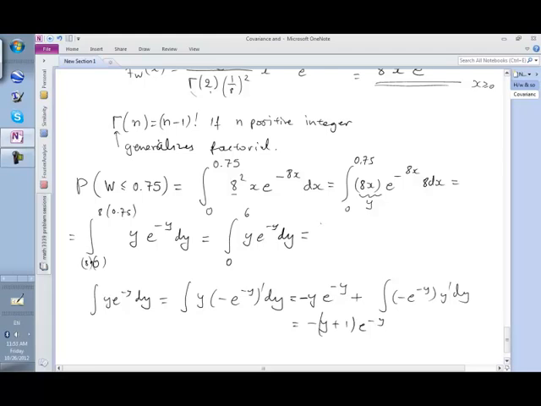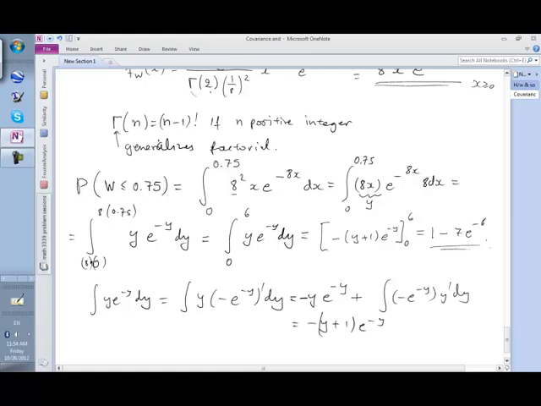So we put this here, from 0 to 6, and of course this will give 1 minus 7 e to the negative 6. And you just leave that probability right there.